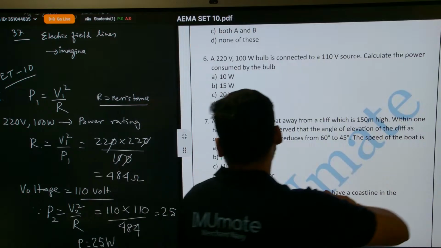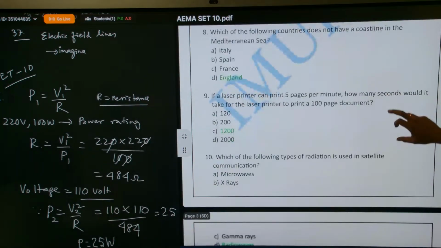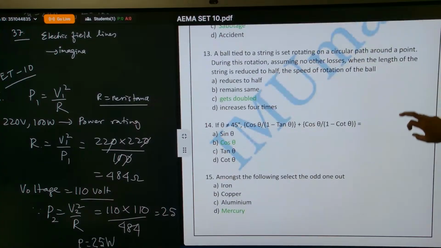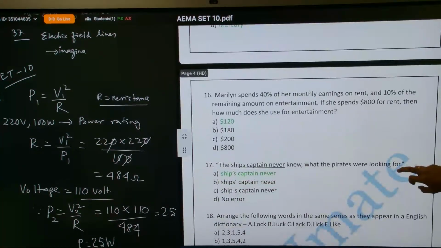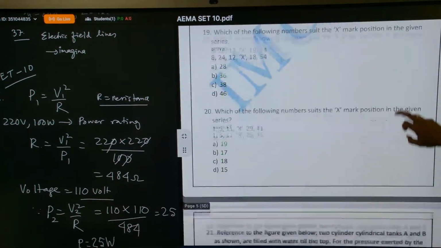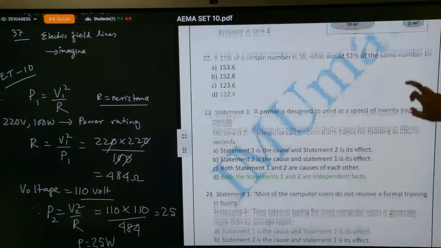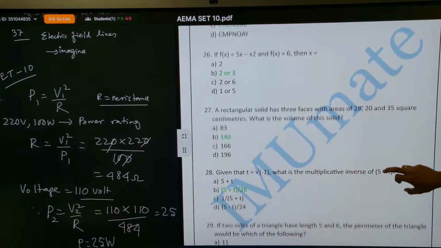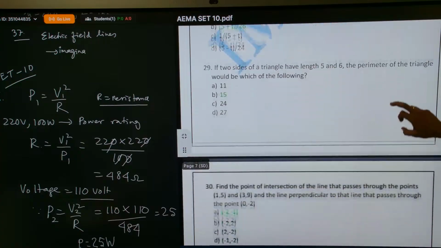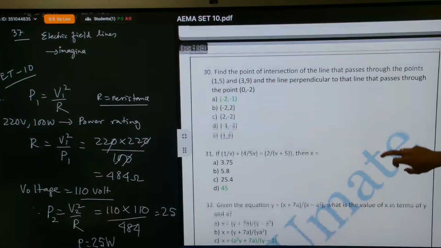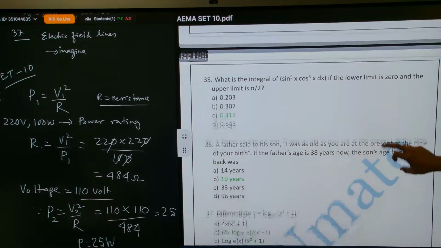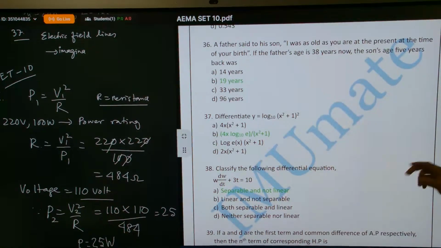Let me search for the next one. I think we are done with this. But look at each question paper after looking at it.